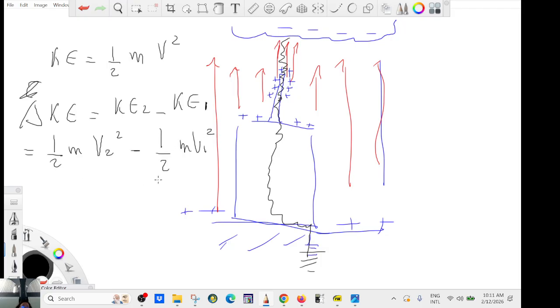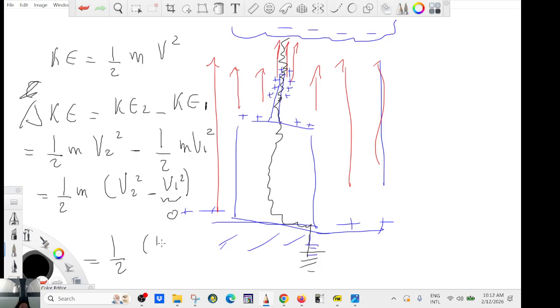So you factor out 1/2 the mass. That will be the speed after, that's what we want, minus the speed before squared. This is 0.